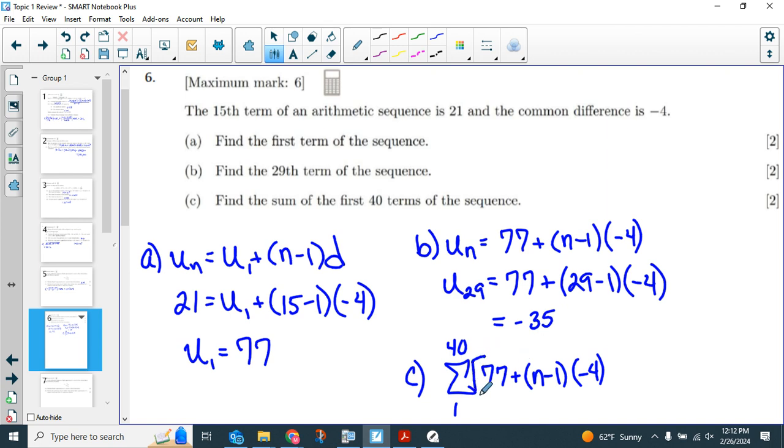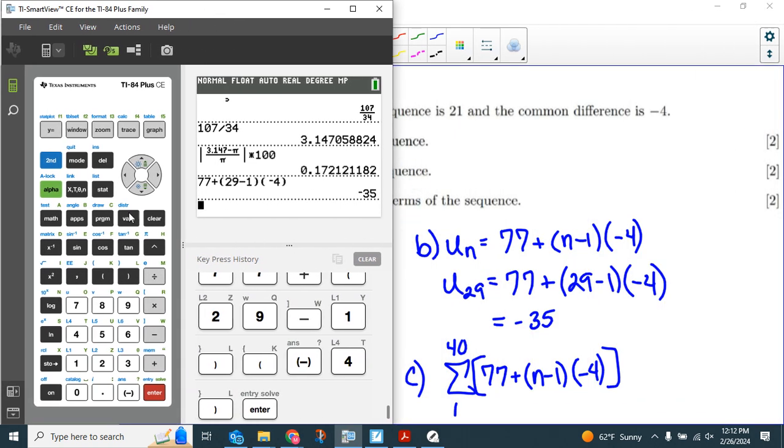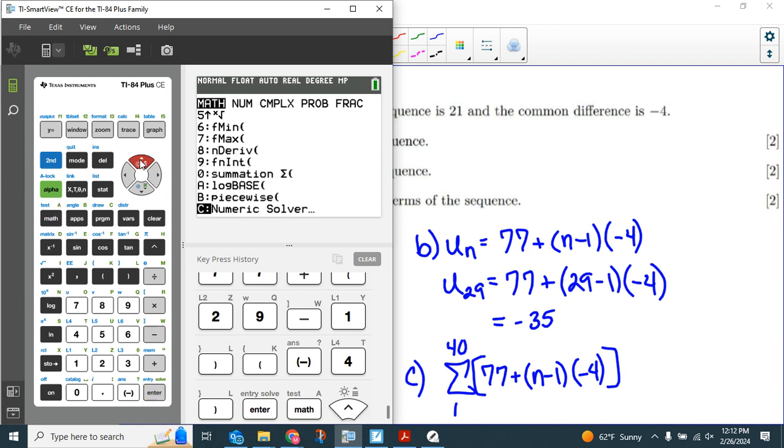I guess technically you should probably bracket that so we know it's all included in there. Of course, like I said, you could just use the formula that's in your packet as well. I'm kind of a fan of sigma notation myself.